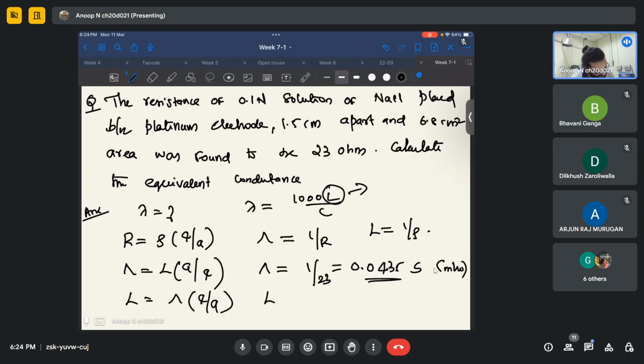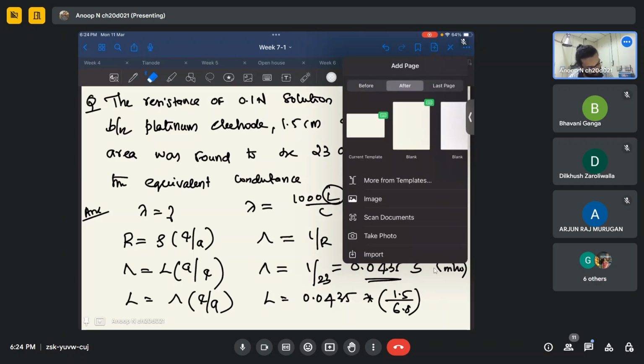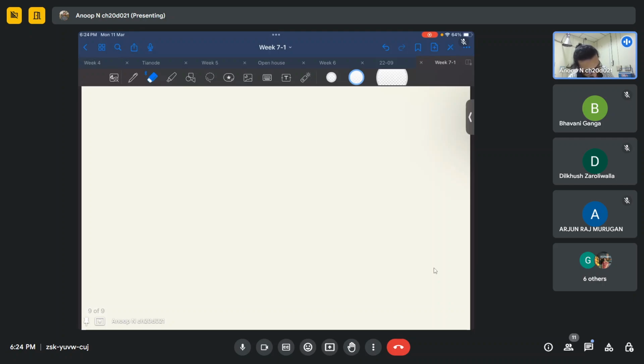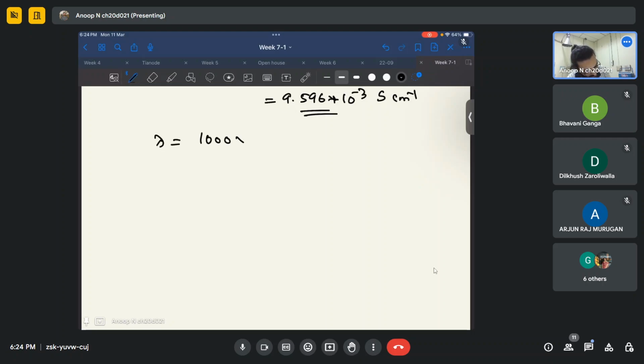Then we substitute: L is equal to 0.0435 into 1.5 divided by 6.8, which is equal to 9.596 into 10 raised to minus 3 Siemens per centimeter. Now substitute here: lambda is equal to 1000 into 9.596 into 10 raised to minus 3 divided by 0.1.